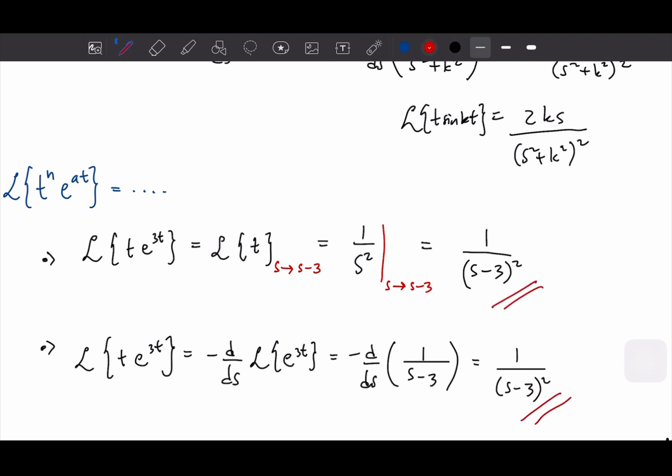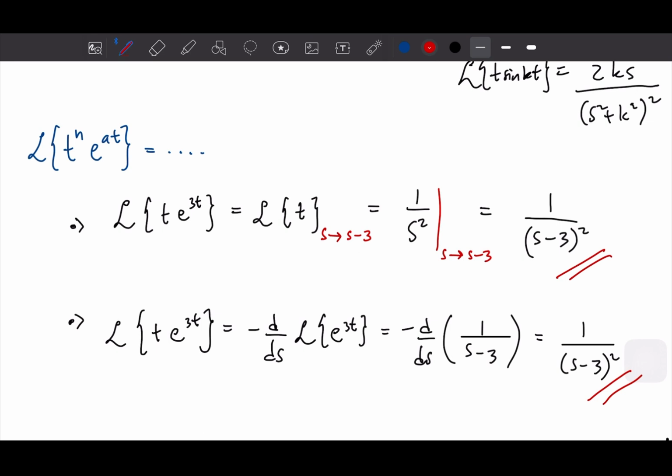So you could choose which Laplace you are going to take on. Laplace is very flexible. There are several ways, several interpretations, and all interpretations, as long as they are consistent, you can prove that this is just the same thing, and you can choose which method you are going to take. For example, this one here, we could think that if we multiply t with something with e, this e will shift the Laplace of t, right?